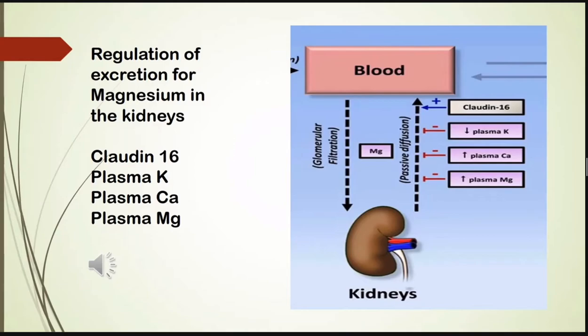If you have decreased plasma potassium levels, there is inhibition of diffusion of magnesium, leading to loss of magnesium. This also happens if there is increased plasma calcium concentration, leading to inhibition of reabsorption of magnesium, leading to decrease in magnesium levels. Obviously, if you have too much magnesium in your plasma, you inhibit the reabsorption of magnesium, leading to normalization of your magnesium levels.